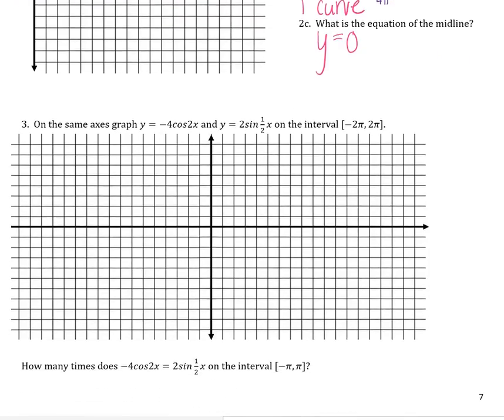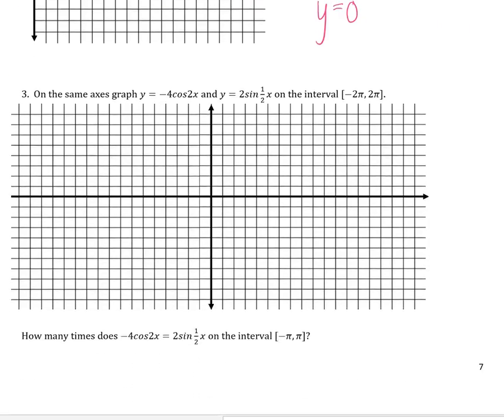Okay, so down here at number 3, we're going to be doing two graphs. y equals -4 cosine 2x and y equals 2 sine 1/2 x. And we're going to graph it on the interval -2 pi to 2 pi. So let's take a second and just set up our axes first.